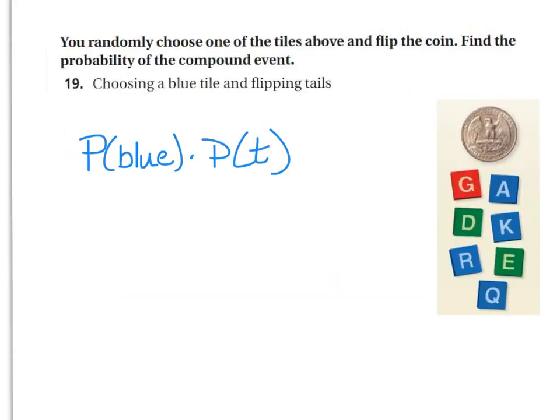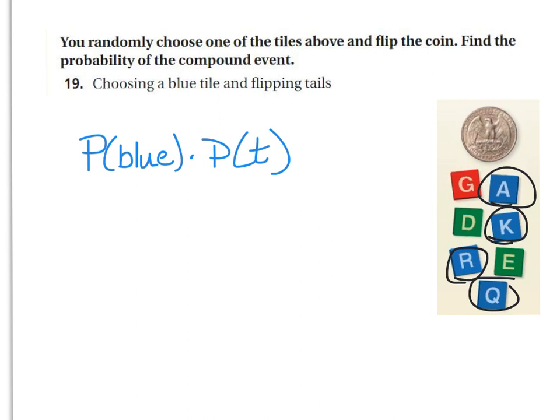Okay, number 19, you randomly choose one of the tiles above and flip the coin. Find the probability of the compound event, which is find the probability of choosing a blue tile and flipping tails. So the tiles that are blue are 1, 2, 3, 4 blue tiles out of 5, 6, 7 tiles.